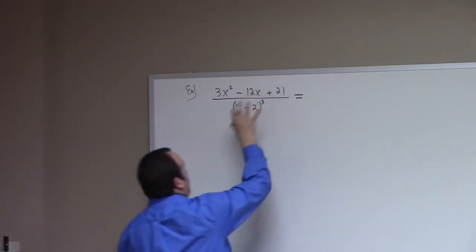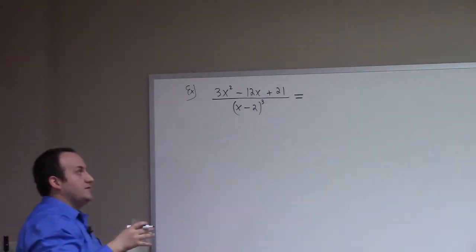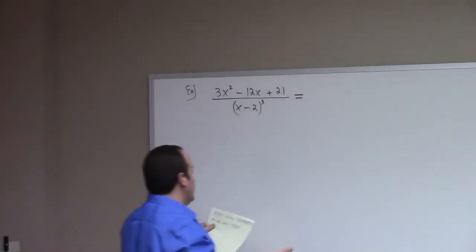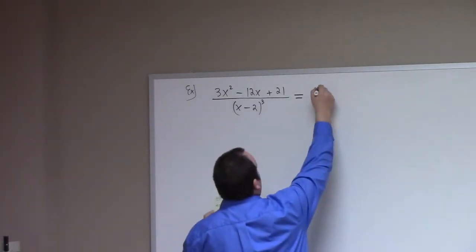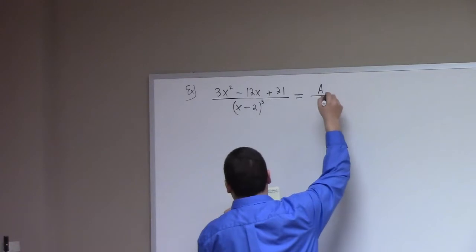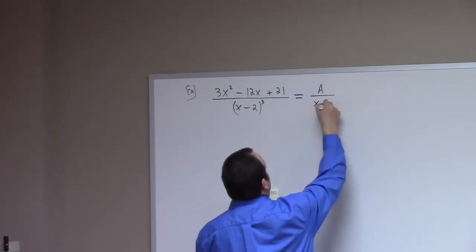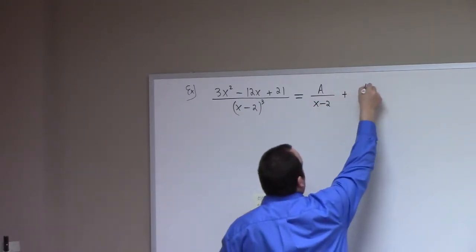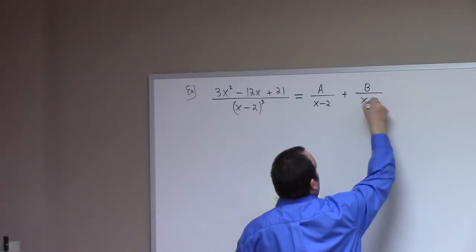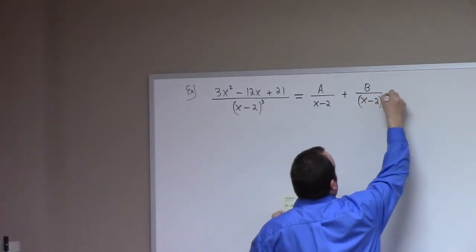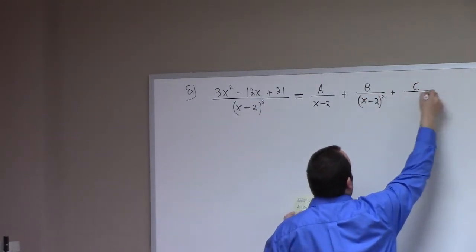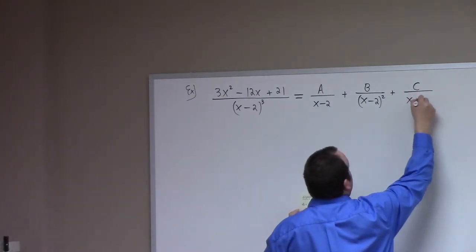First of all, it's a proper rational function, so I don't need to do long division. I can just go looking for some undetermined coefficients, in particular a, b, and c, where we have a/(x - 2) + b/(x - 2)^2 + c/(x - 2)^3.